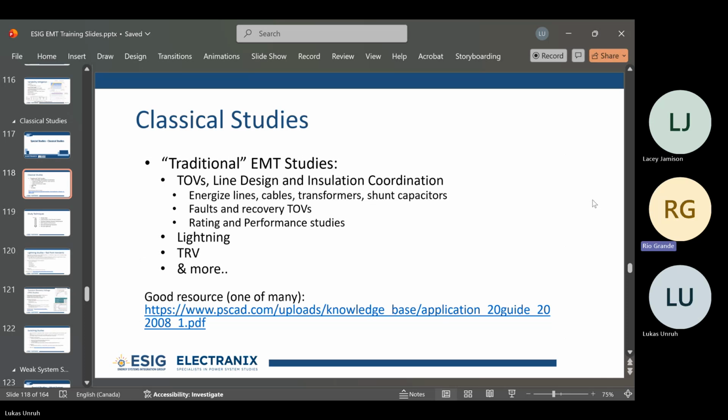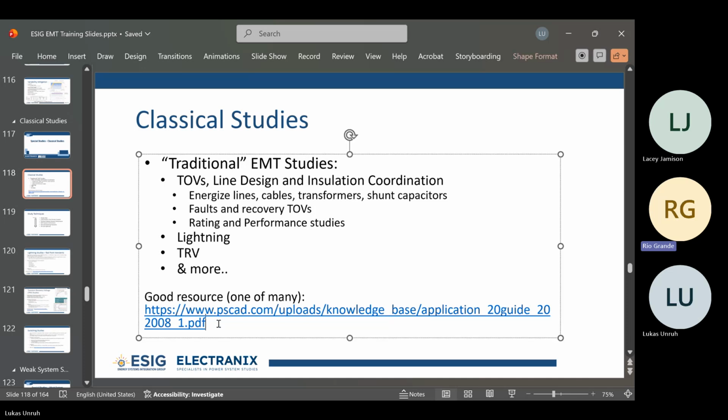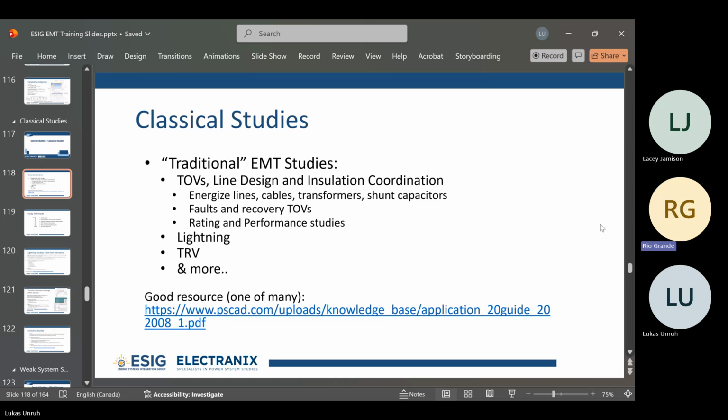So if you're interested in these things beyond what I'm sharing here, there are a lot of places you could look. This specifically is from 2008, an application guide for PSCAD basically. It was written a long time ago, but it's still pretty relevant, and I don't think the information has gone stale. So this is a very mature area of study, I'd say.